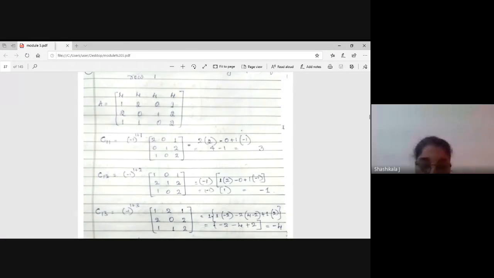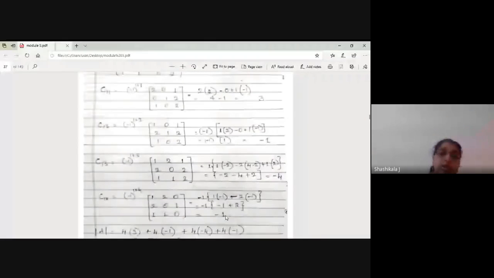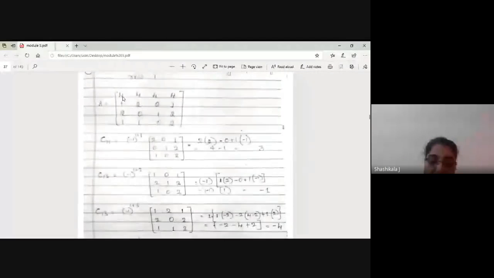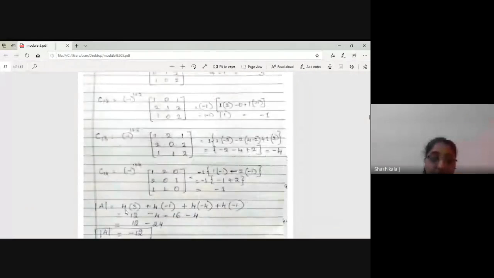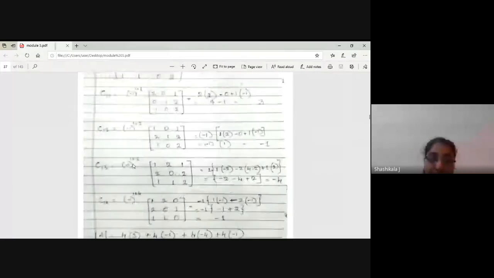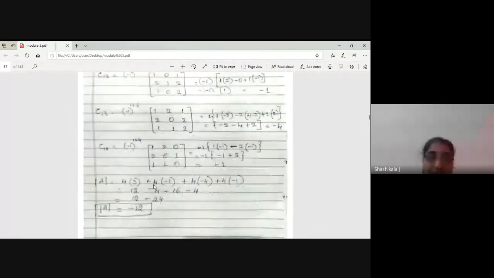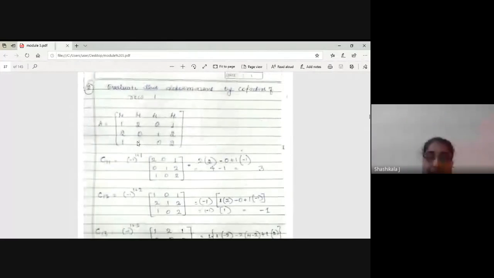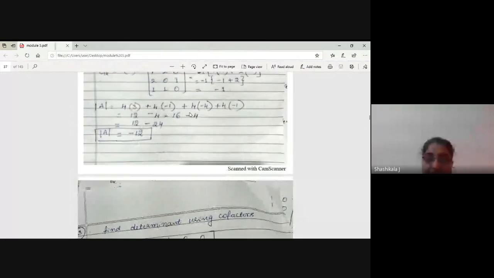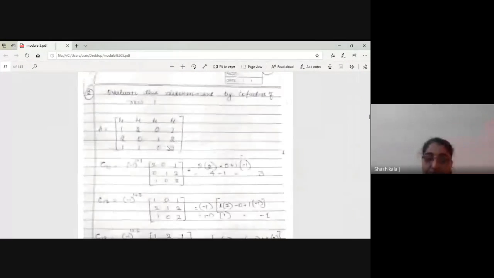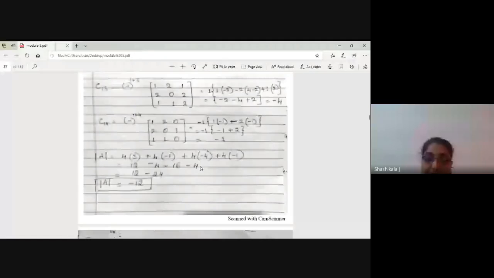Minus 1. Let me see. It is minus 1. So now how to calculate this: it is 4 into C11, because it is A11 into C11. Listen here, it is 4 into 3, and then plus the second element into C12, plus the third element into C13, plus the fourth element into C14.